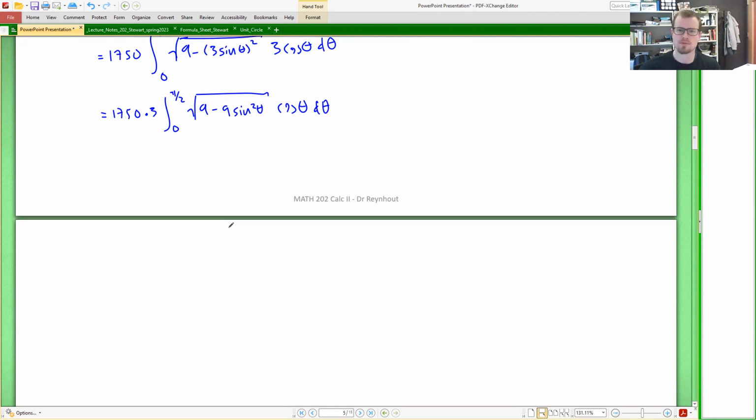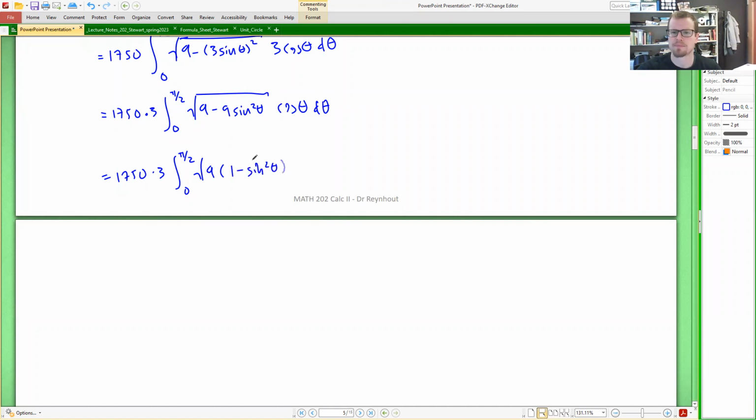And now I want to go ahead and simplify the radical. So this is equal to 1,750 times 3 times the integral from 0 to pi over 2 of the square root of, pull the common factor of 9 off to get square root of 9 times 1 minus sine squared. And this is wonderful because I know what 1 minus sine squared is.